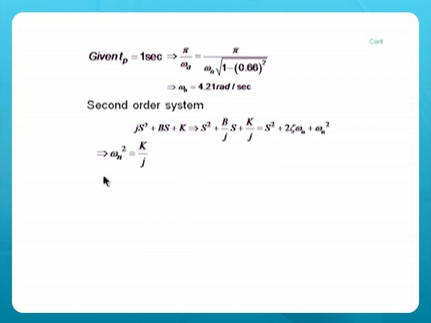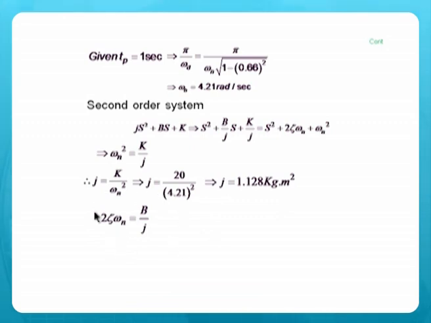So you get omega n as root k by j, and from this you can calculate j because k is known, 20, and omega n is also known, 4.21. So substitute, and you get another constant called moment of inertia, 1.128 kg per meter square.